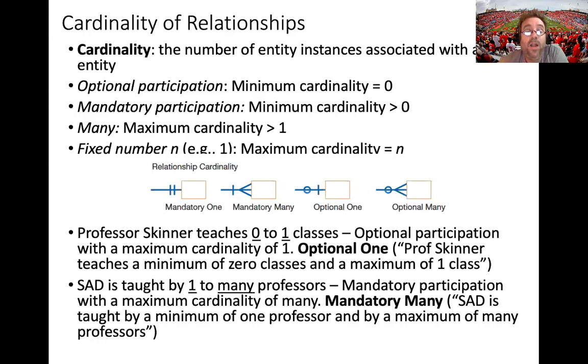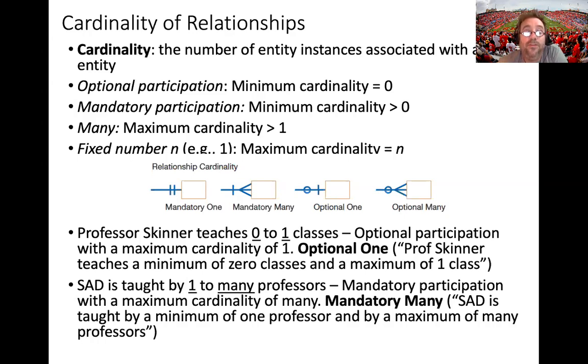A minimum of 1 and a maximum of many, it's a mandatory many. I have to participate because I've got a minimum of 1, but it could be many, whatever the context of what I'm participating in. An optional one, where the minimum cardinality is 0 and the maximum is 1. And then an optional many, where the minimum cardinality is 0 and the maximum is many.